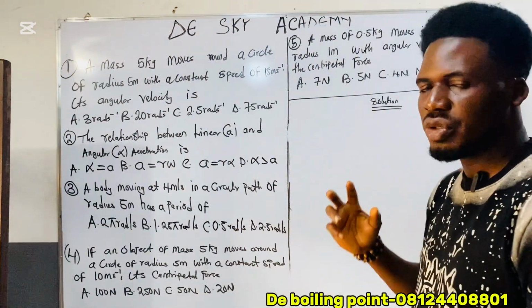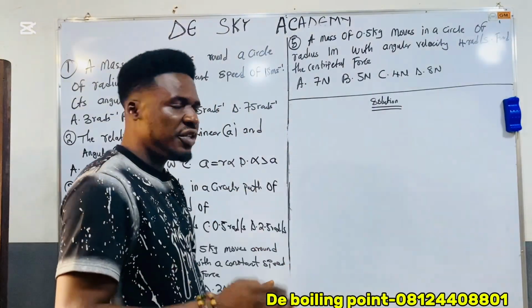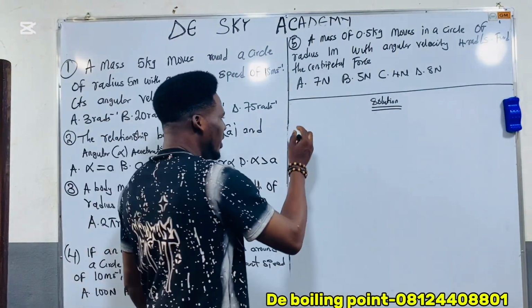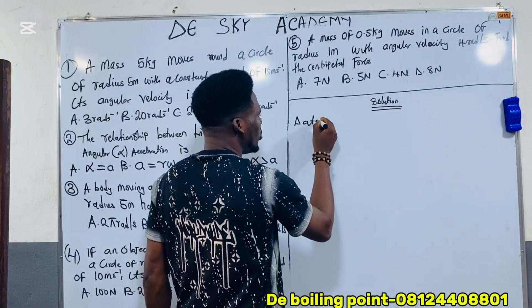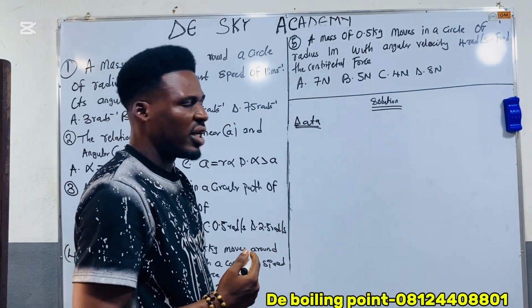So how do you solve this? If you're solving an equation in physics, there's what we call data. Data will help you know what formula you will apply in order to get the answer.